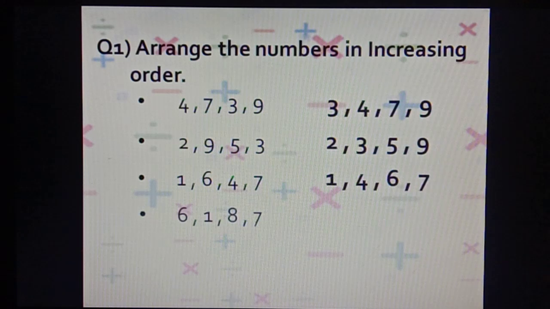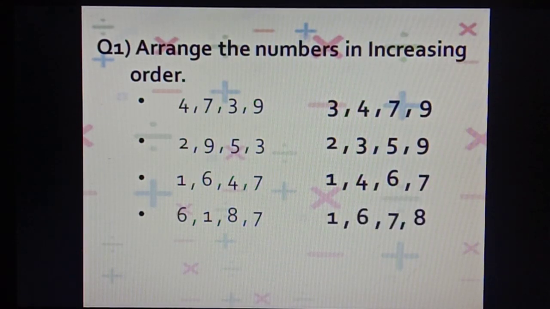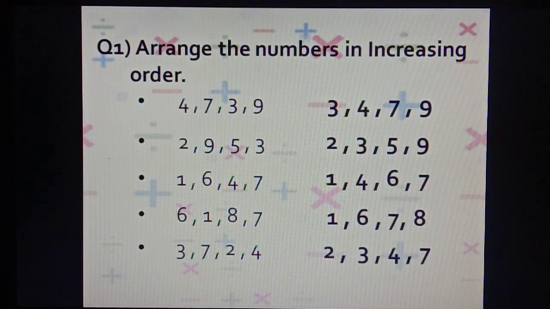In our next question, we have 4 numbers 6, 1, 8 and 7. So the increasing order will be 1, 6, 7 and 8. In the next question, we have 3, 7, 2 and 4. So the increasing order will be 2, 3, 4 and 7.